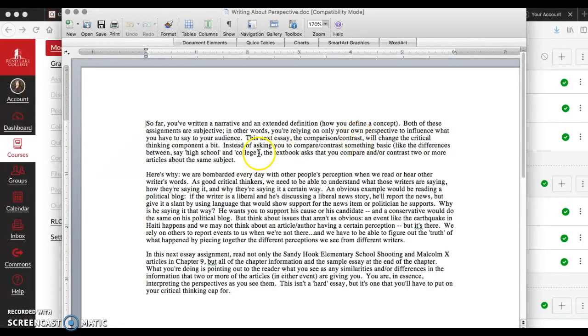And what most textbooks do is they simply ask the writer to compare or contrast something pretty basic. Like if I asked you to compare and contrast high school versus college, then I'm looking at these two subjects and I'm going to show you what high school's like, and then I'm going to show you what college is like.